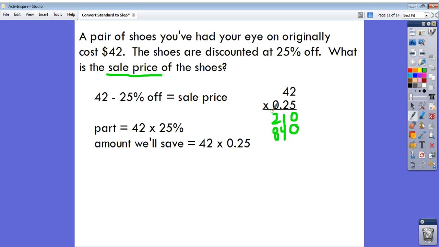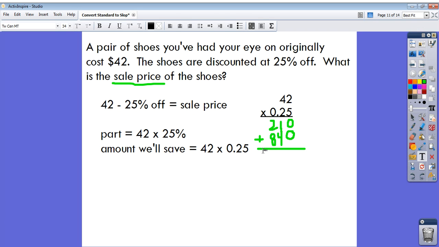I don't need to multiply out this 0 because it would just give me a bunch of zeros. Let's add this up. We get 1050.